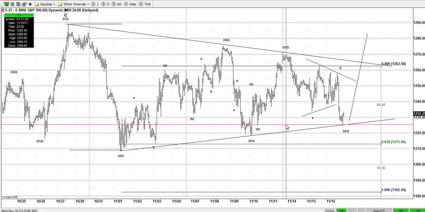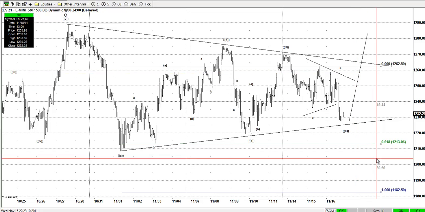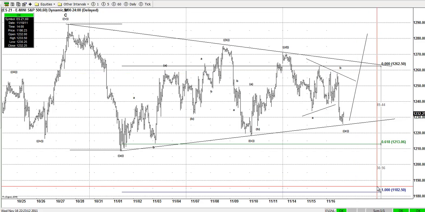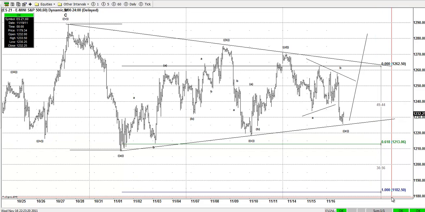I'm favoring the bullish one, only because I see structures within the Forex market, very mature structures. This move and the bearish one do not support the idea that the S&P is gonna drop to 1182.